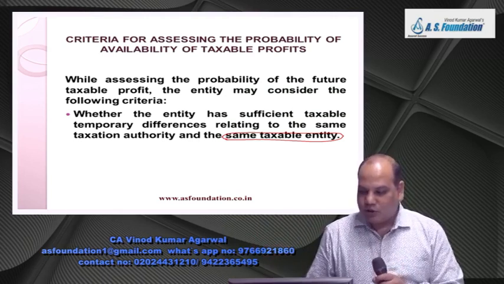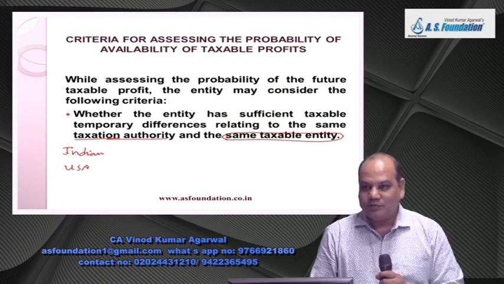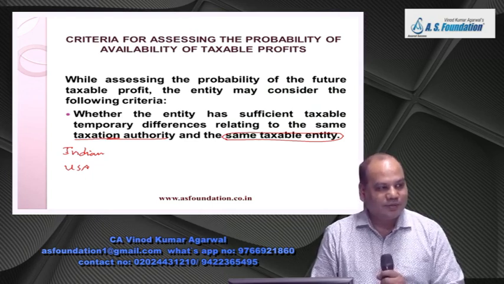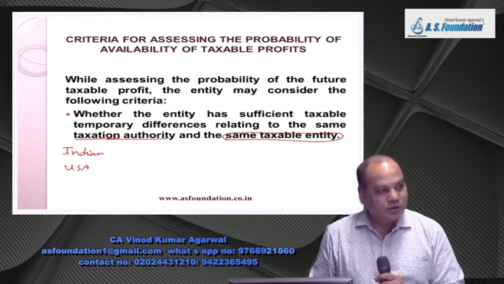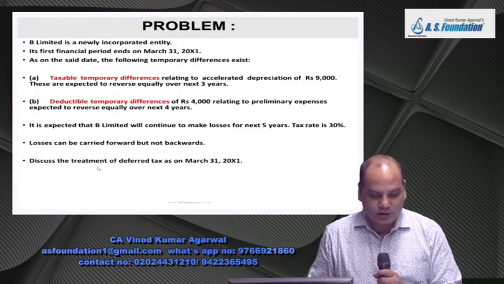So it should relate to the same tax jurisdiction. What is same tax jurisdiction? DTD may be on Indian income, but on US income you may have TTD. Then also you can't create deferred tax asset. So it should be the same taxation authority, meaning same jurisdiction, and for the same taxable entity.